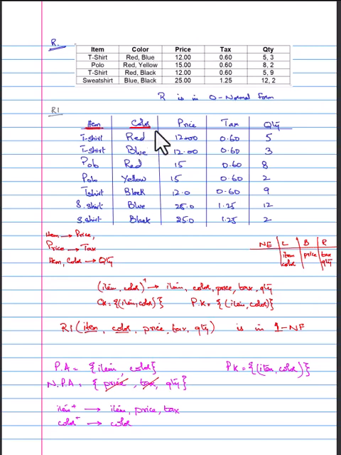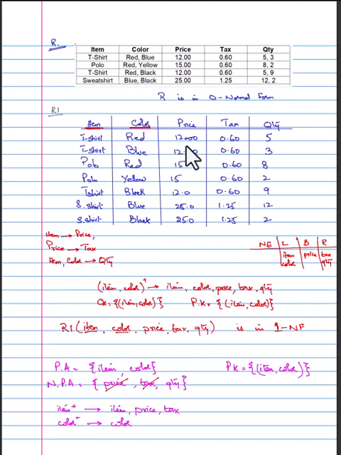This means for red color we have taken the quantity 5 and for blue color the quantity is 3. So in this way we have eliminated the multiple values and converted it into multiple rows.